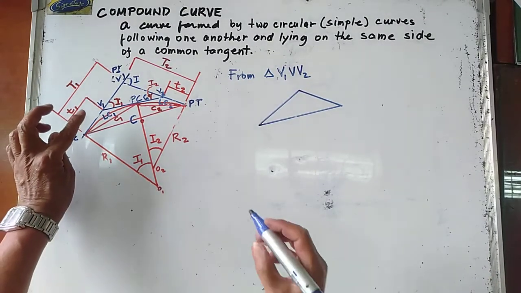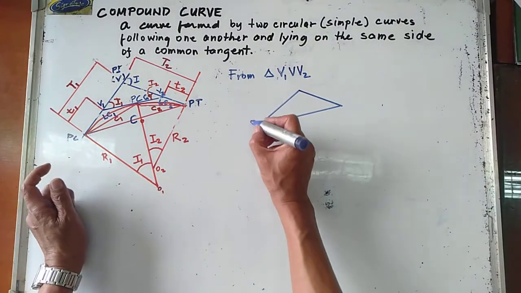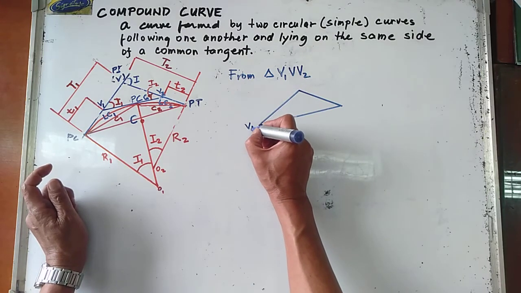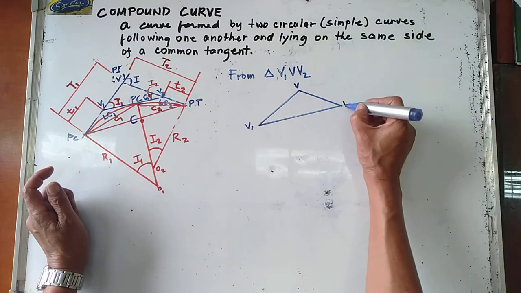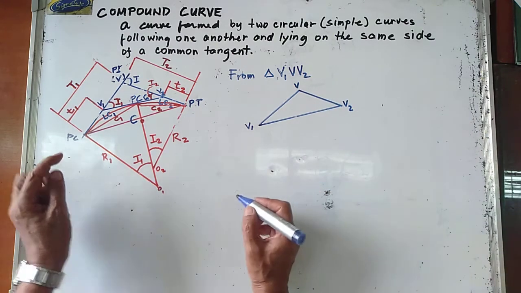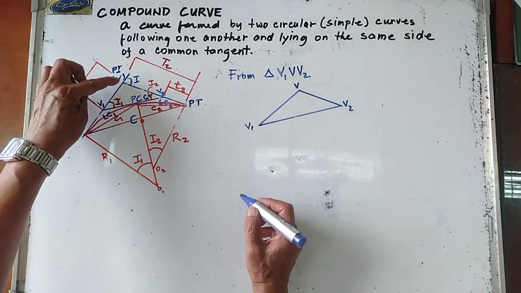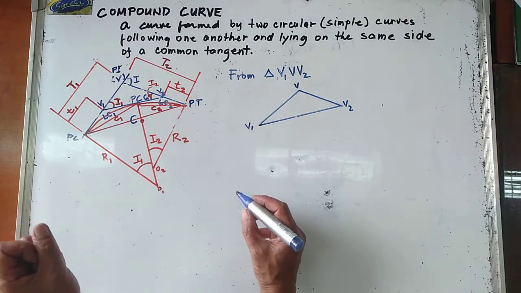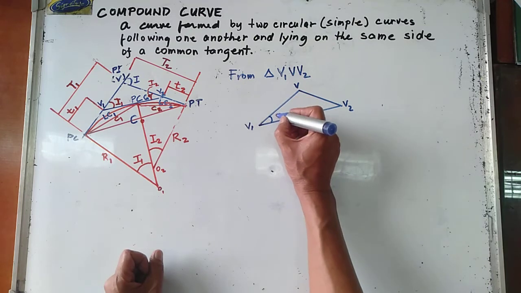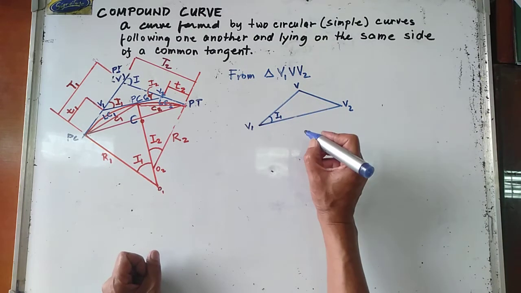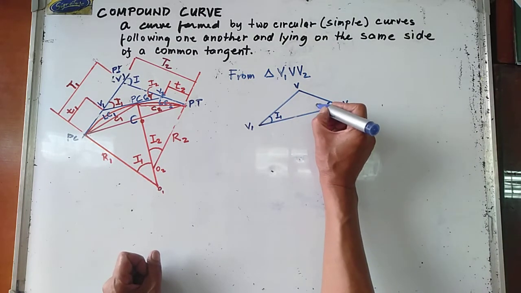Now, let us consider triangle V1, V, V2. So this is V1, that is your V, and that is V sub 2. This is therefore your I1, and this one in here is your I sub 2.